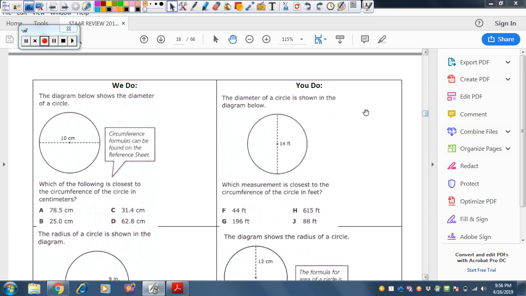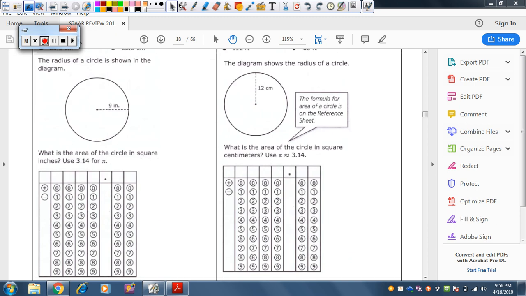This one over here on the you do side, same problem, different numbers. Now, this one asks for the area, so you need area formula. And unfortunately, it's a griddable, so you have to use the 3.14. Sorry, no lazy on this one.